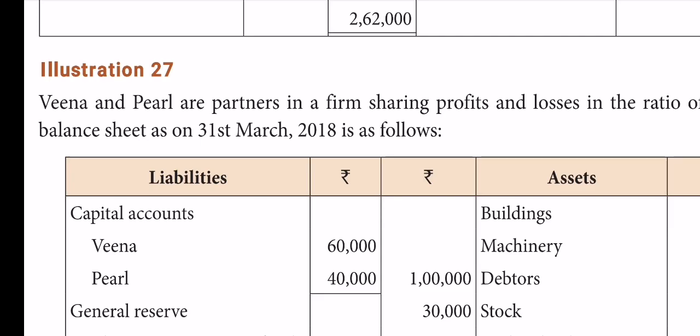Calculation of new profit sharing ratio and sacrificing ratio. And before that, treatment of goodwill. 5. Rearrangement of capital based on the new profit sharing ratio.